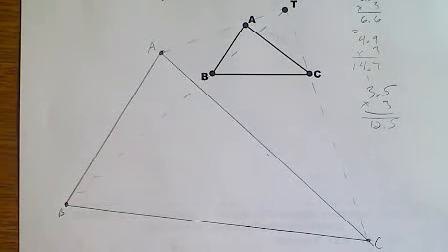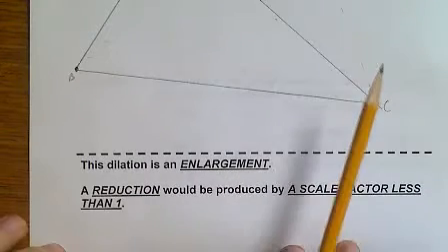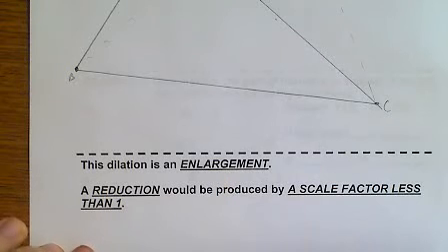It is the same shape, but a different size, and it's been tilted just a little bit. So that's a dilation. This is called, we'll look further down the page, an enlargement. So a reduction is produced by a scale factor less than 1.